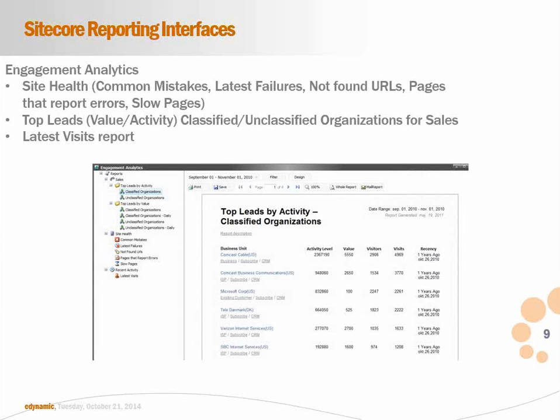Latest visit report. This report shows the visitor organization name, if known or unknown, the value of their visits, how many times the visitor has been to the site, and the date and time of the visit.